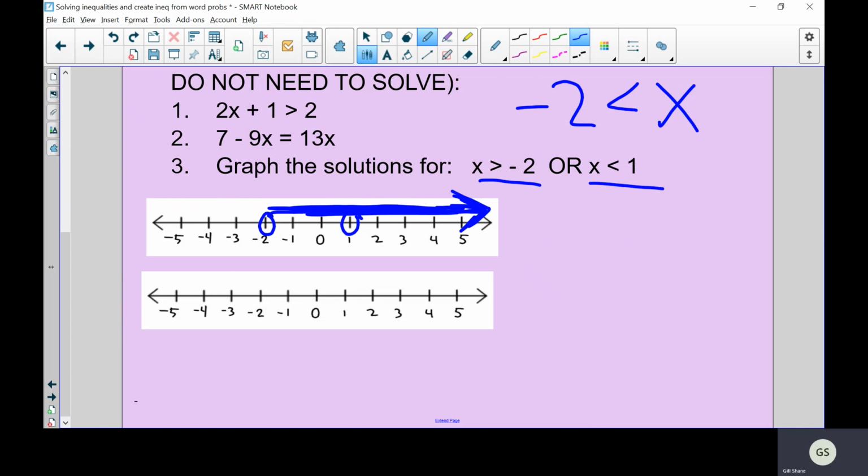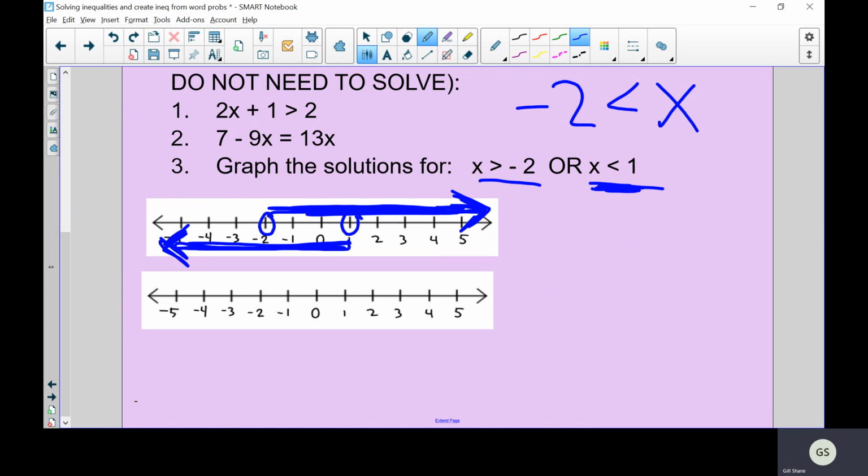Now, though, the X values, the numbers I want to shade, need to be less than 1. That's what this is saying. If they need to be less than 1, that means I need to shade this way. So for the second inequality, we shade to the left.